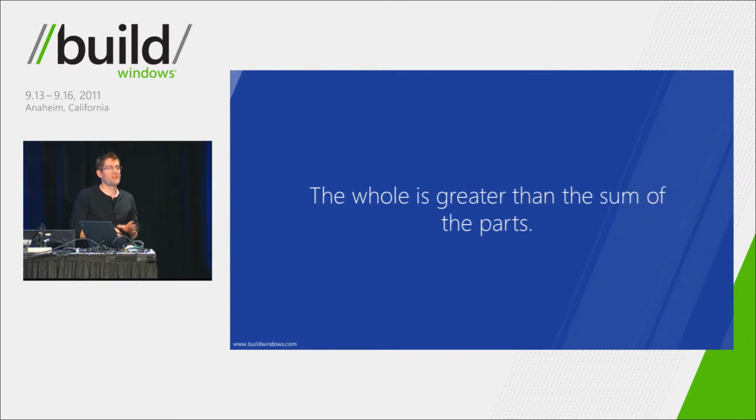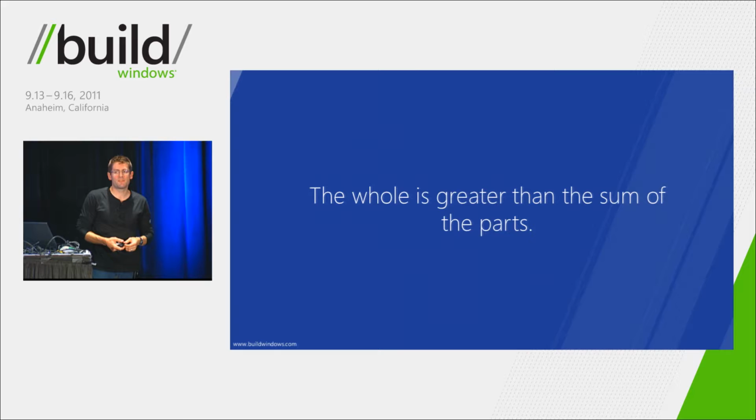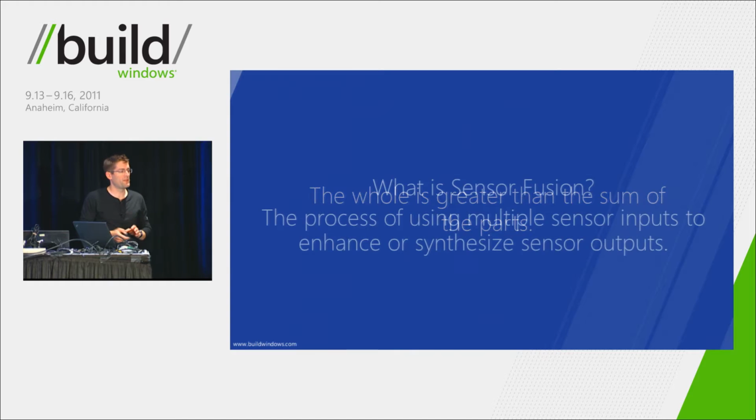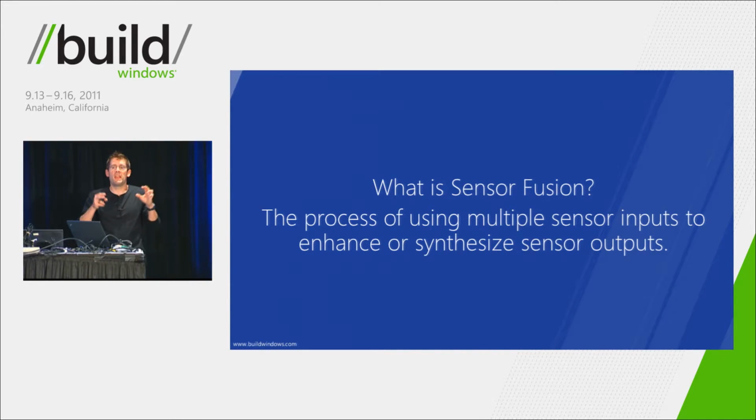Using individual sensors is important and can provide some really great foundational experiences and extra functionality in applications. But when we put these different sensor inputs together, we get something that's truly more powerful than the sum of the individual elements. So sensor fusion really is taking multiple sensor inputs and either enhancing outputs or synthesizing new outputs.